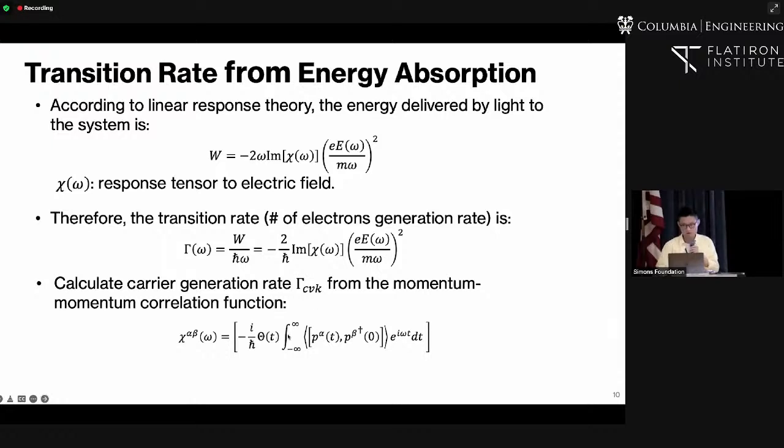So we need to evaluate this correlation function, but this is not that easy because it is evaluated under the full interacting Hamiltonian, including any additional interactions that you want to include. So we have to do some perturbative work to evaluate this correlation function.